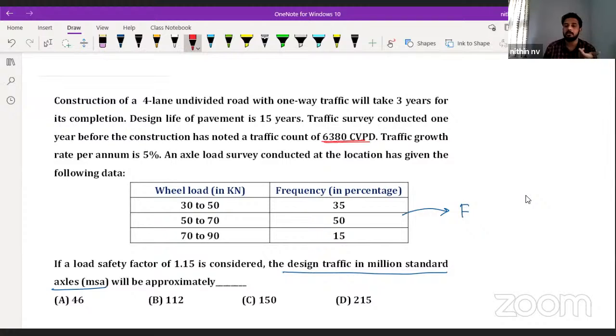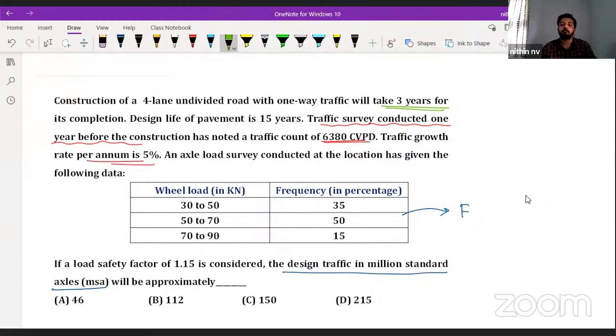But this 6,380 is actually not the present traffic. That is according to the survey conducted 1 year before. 1 year before it was 6,380, but at present it will not be. It will definitely be more than that. We don't know how much it is. And they are telling that it is increasing at a rate of 5%. And the construction will take how many years? 3 years.